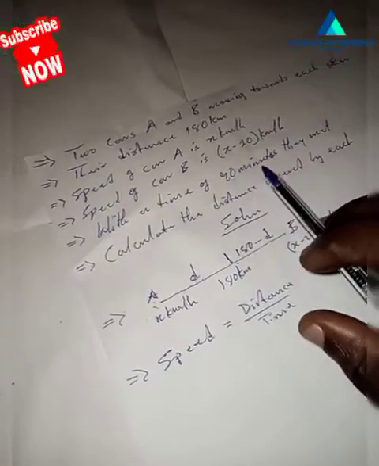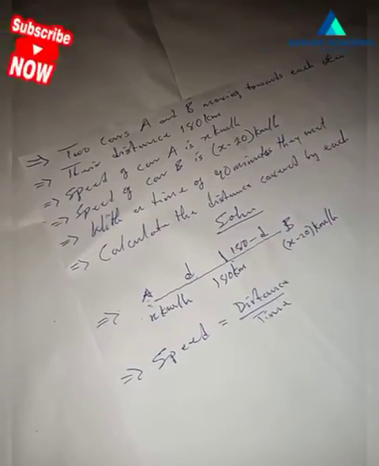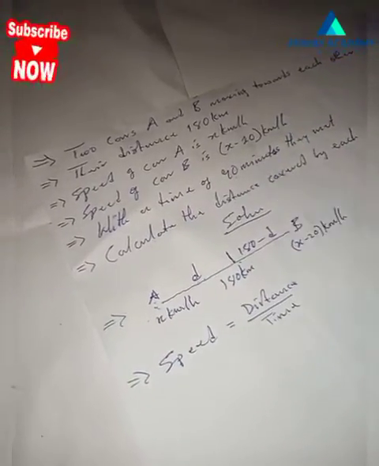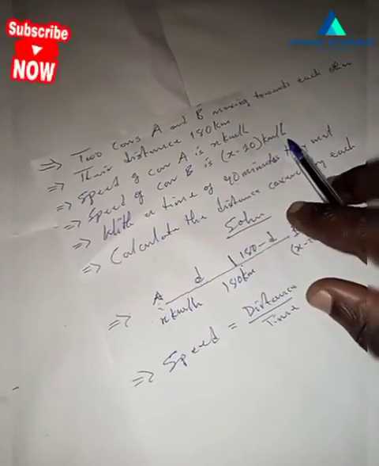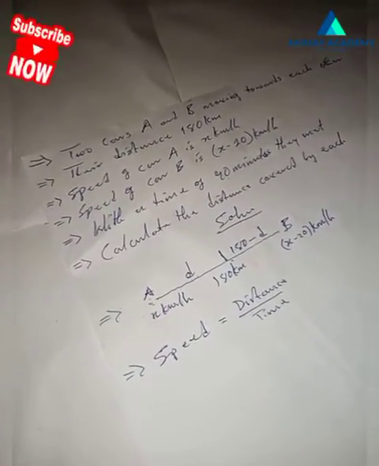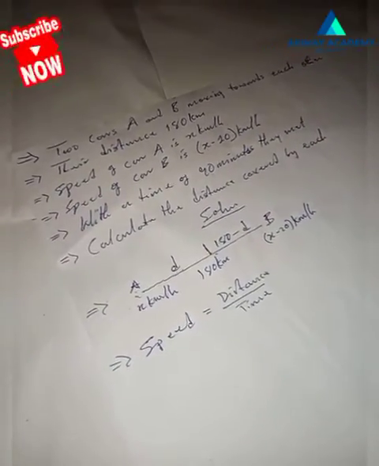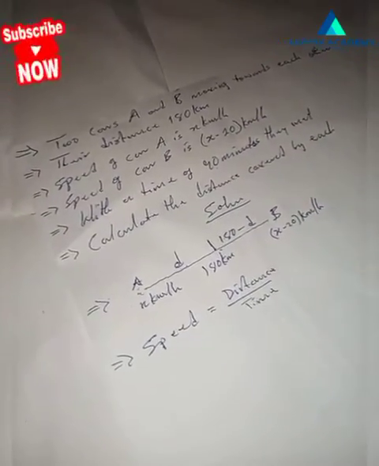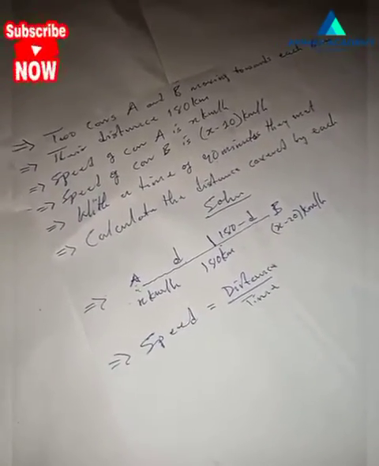So here we have 90 minutes. We have to convert 90 minutes to hours because we are dealing with hours here, not minutes. We know that 60 minutes gives us 1 hour. So the remaining minutes is what? 30 minutes, because 30 plus 60 gives us 90.